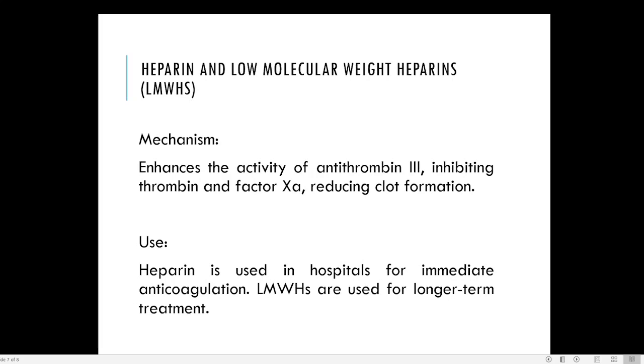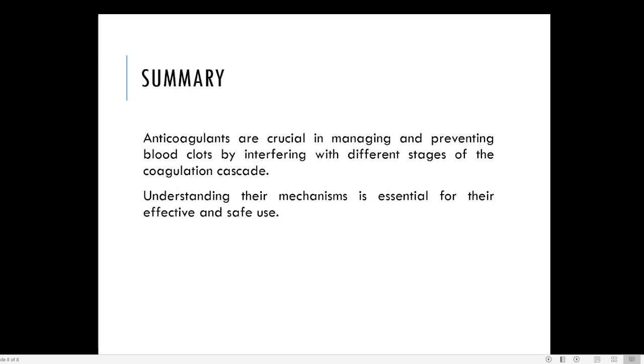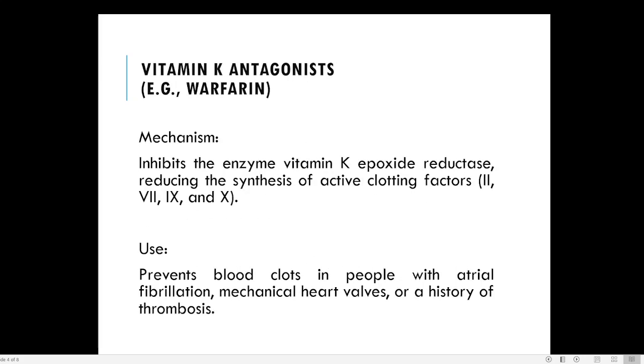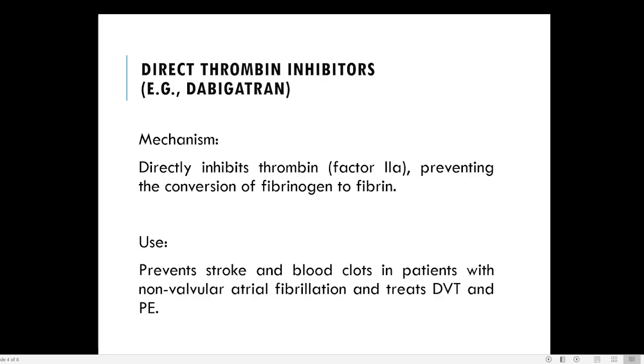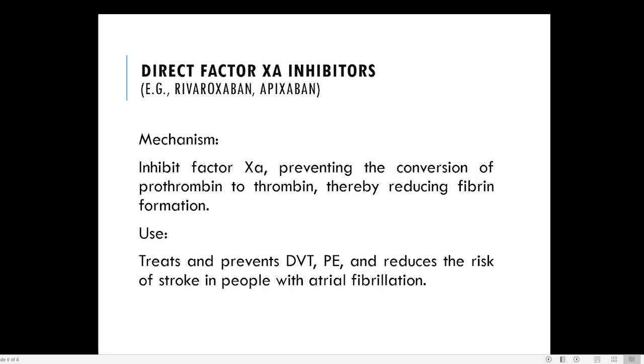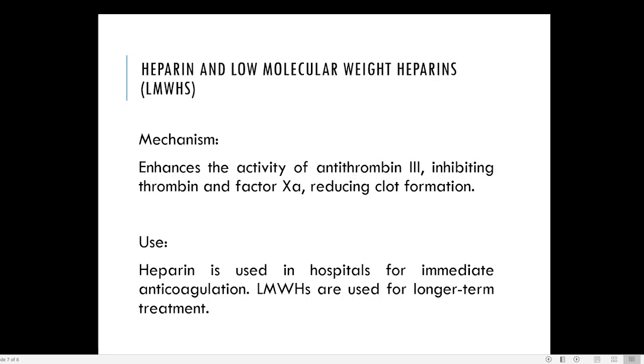Then heparin mainly acts by enhancing the activity of antithrombin 3, inhibiting thrombin and factor Xa. Heparin is very common and very popularly used in hospitals. It is also used for longer term treatment. So there are different types of anticoagulants: vitamin K antagonists, direct thrombin inhibitors, direct factor Xa inhibitors, heparin and low molecular weight heparin.